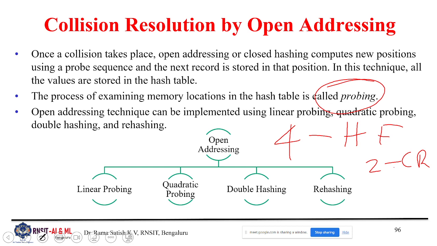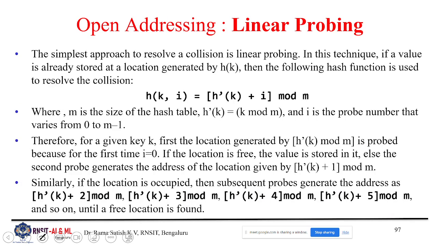The first one is chaining. The second one is open addressing. In open addressing, we have four types: linear probing, quadratic probing, double hashing, and rehashing. So understand that. First, let us look into linear probing.